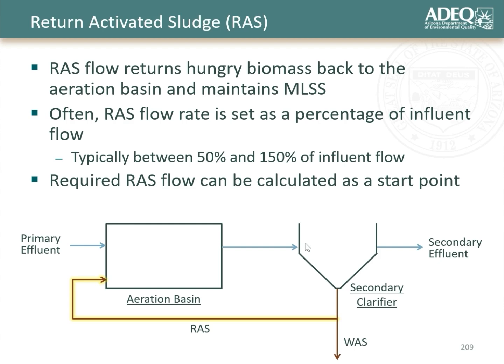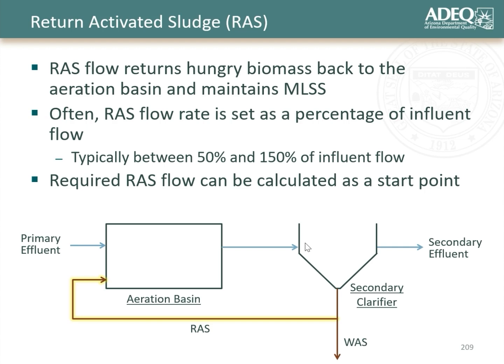I will say there are some facilities that have a set RAS flow rate. I highly recommend that you have an adjustable RAS flow rate that adjusts for the influent flow rate, for the simple reason that if you have a set flow rate and you happen to get a surge of water into your system, it can push all of your solids into your secondary clarifier, and it will take a long time for the solids to come back to the aeration basin.